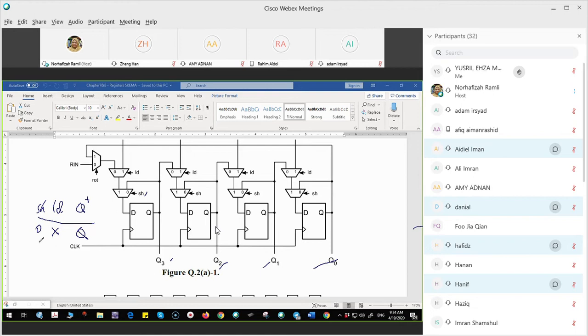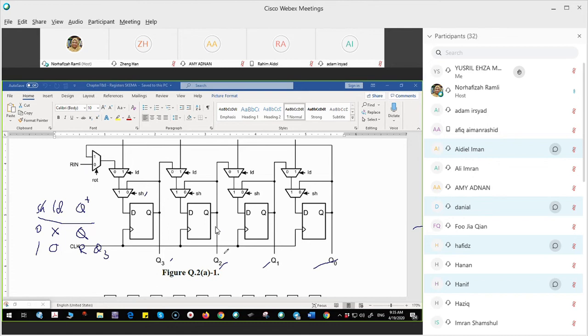If the shift is 1, now you check with the load. If the load is 0, what does it take? It will take from, sorry, the first one will take from R in. The second one, Q2, will take from Q3, right?